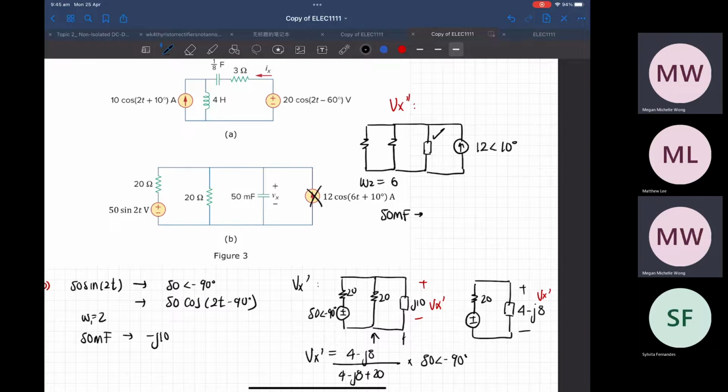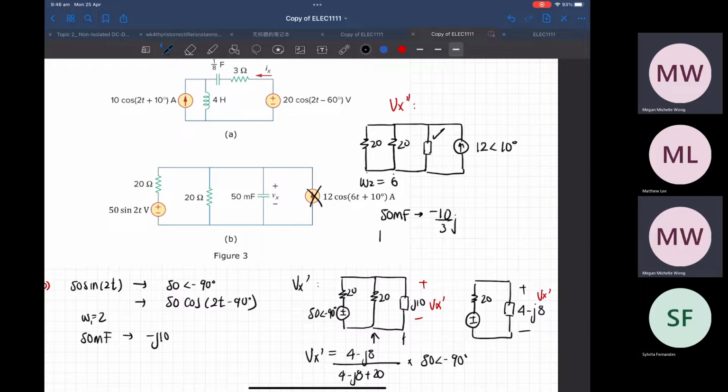say, minus 10 over 3, sorry. And then this is still 20 and 20. So this is pretty simple. You have 3 impedances in parallel.